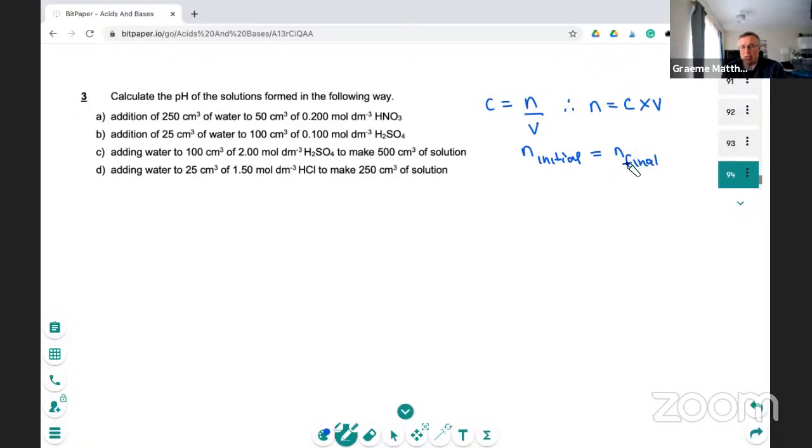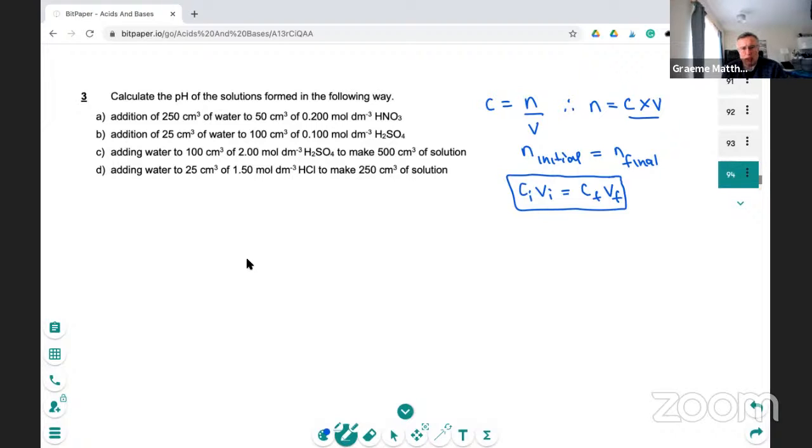The only thing you've changed is the volume. So concentration initial times volume initial must equal concentration final times volume final. You've probably seen this in many different formats, like C1V1 is C2V2.